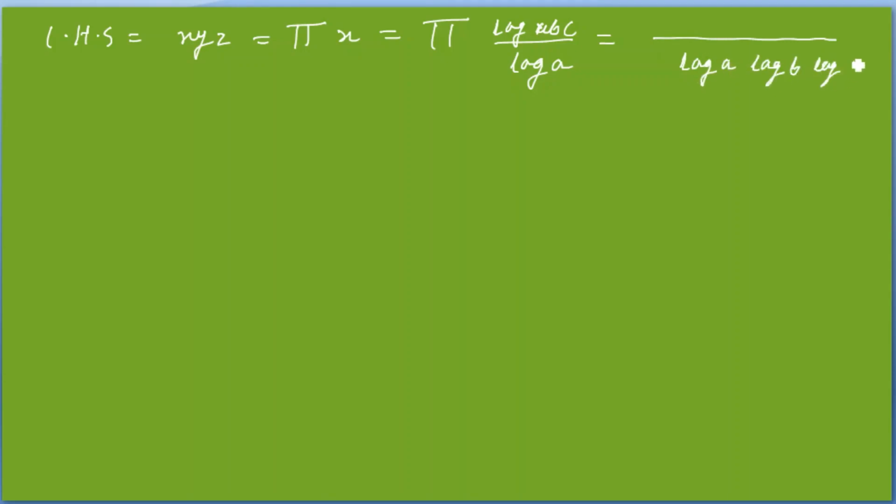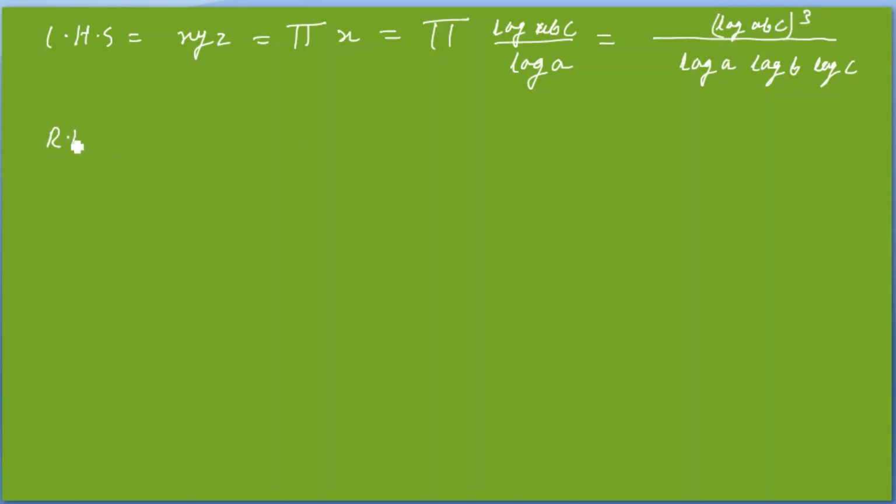It can be written in cyclic form, like x, and replacing the value of x, we can write log abc upon log a. So multiplying the xyz, it is equal to log a log b log c in the denominator, and in the numerator it is log abc whole to the power 3.